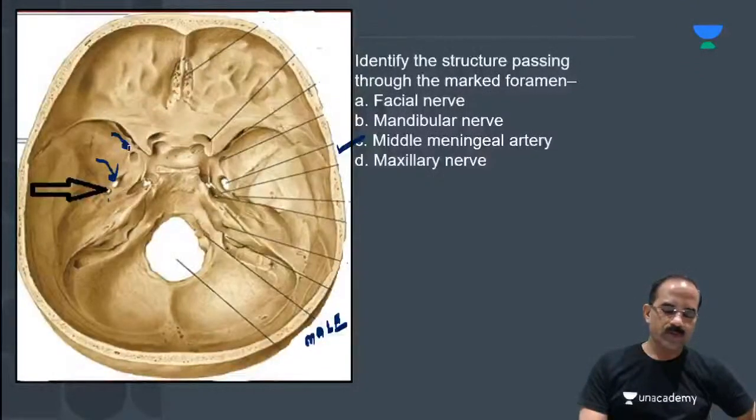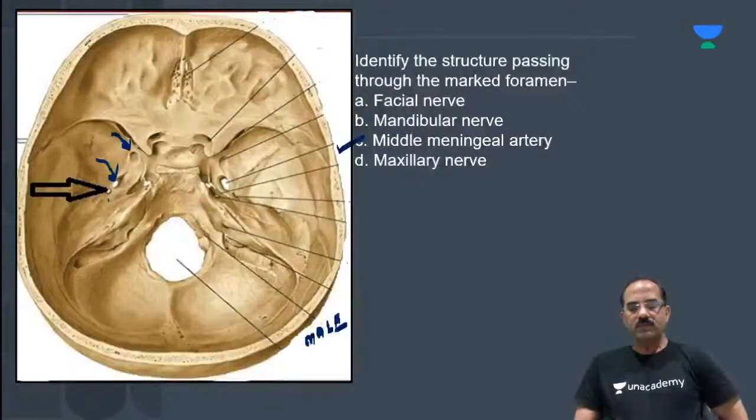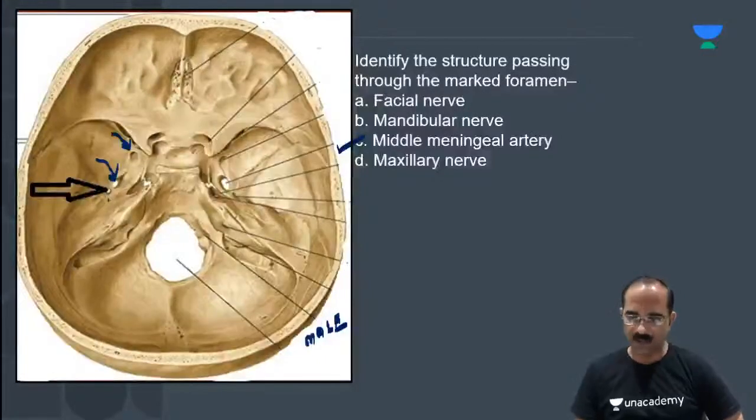What is this foramen, students? The first one which I pointed. That's the foramen rotundum. And what passes through the foramen rotundum is the maxillary nerve.